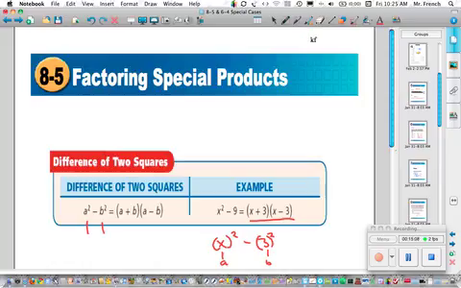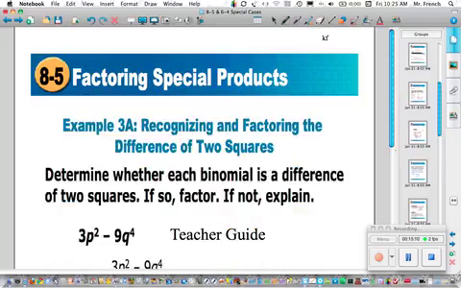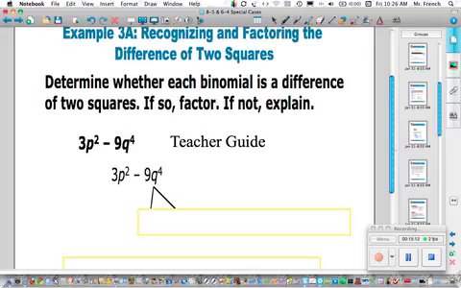Okay, let's try another problem. Here's my next problem: 3p squared minus 9q to the 4th. First of all, ask yourself, the way this sits, can you do this as a difference of 2 squares? And if not, explain why. Look at the first term as a hint. Is 3 a perfect square?